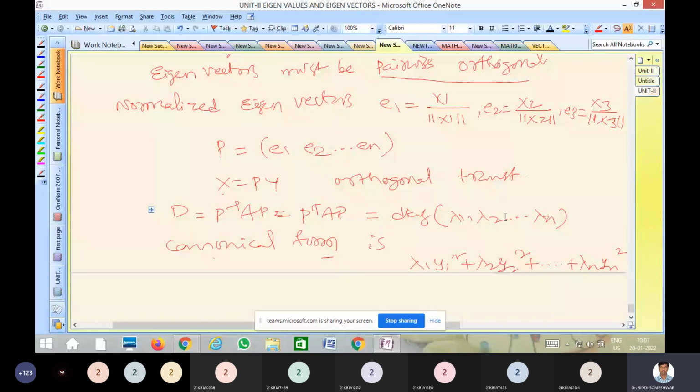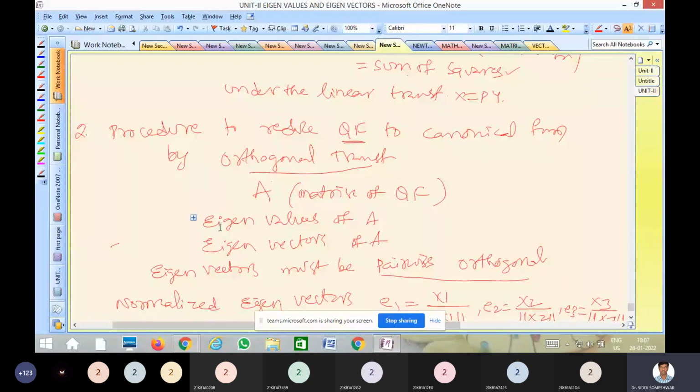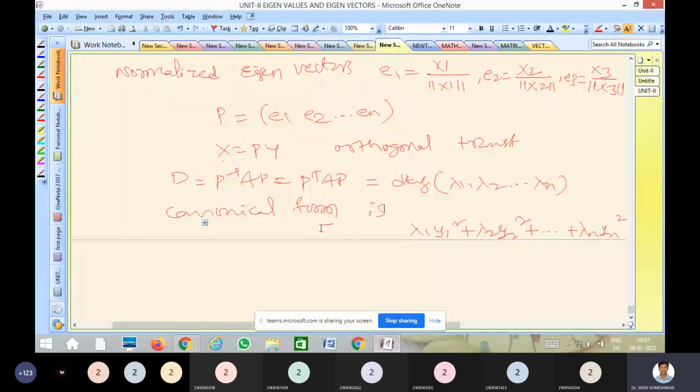So you can write the canonical form lambda 1 y1 square plus lambda 2 y2 square plus so on up to lambda n yn square.